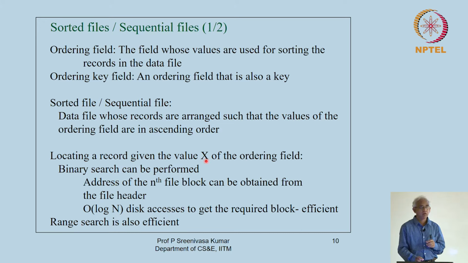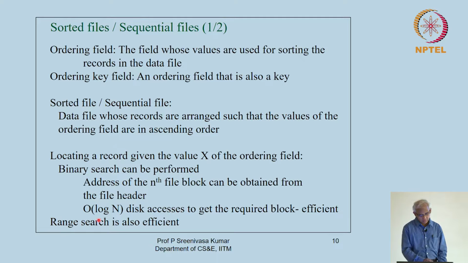Depending on the records that you get, if the values are much higher than x or much lower than x, you will have to move appropriately, doing standard binary search. So decide whether you have to go to the upper portion or the lower portion of the data file, and then make use of the disk pointers that are available in the file header, get hold of the next file block, and keep searching like that.